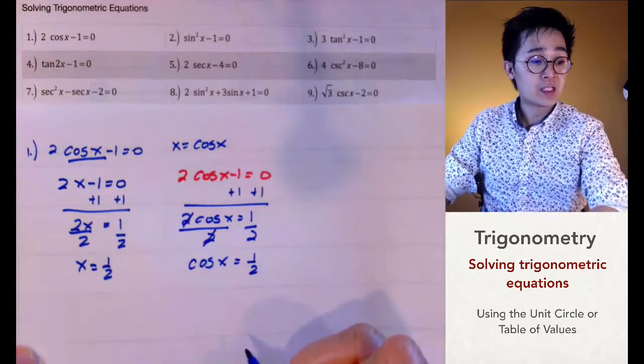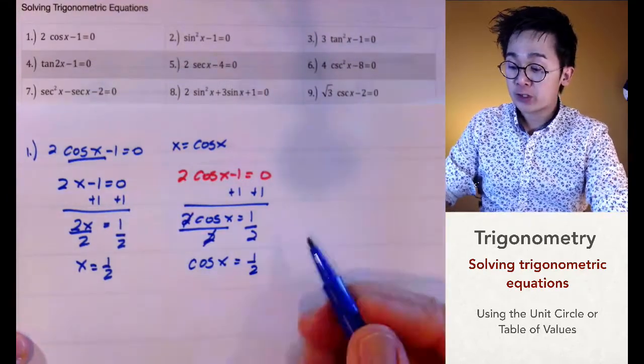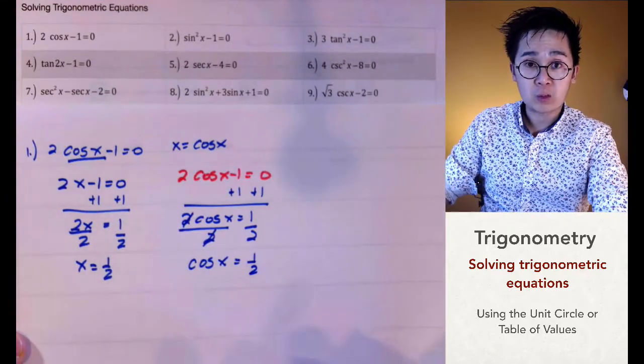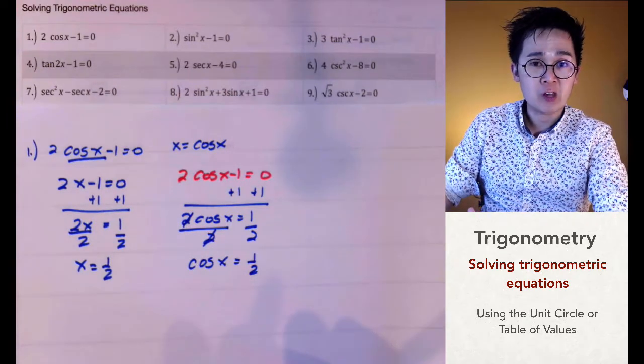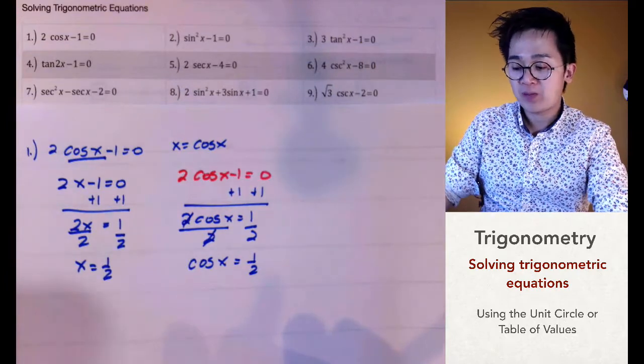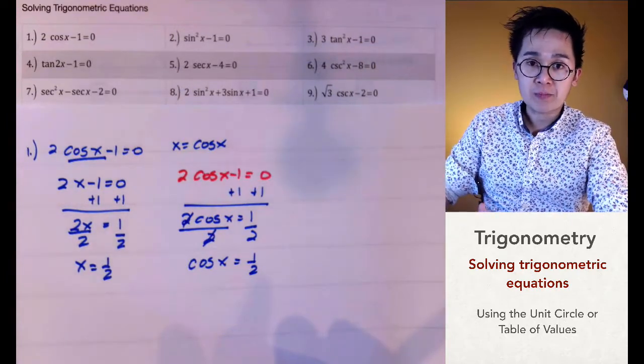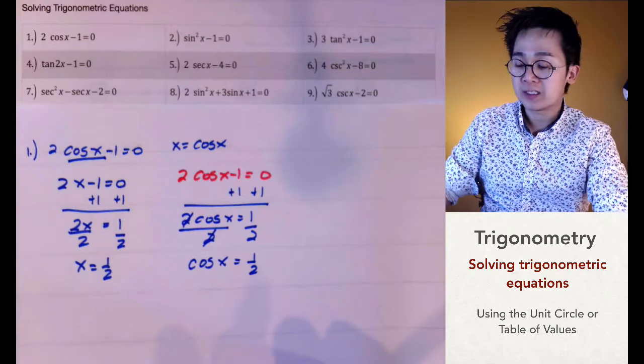So they follow the same principle. It's just that for some of you who are working on trig equations for the first time, it can be a little bit awkward to solve problems involving this type of equation. But if you can relate it to something that you're more familiar with, it's actually really simple.